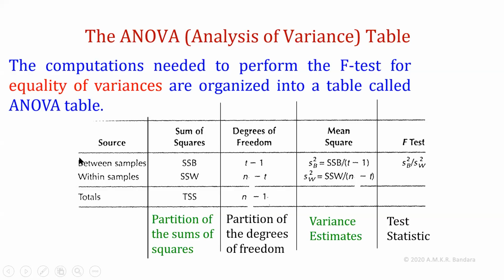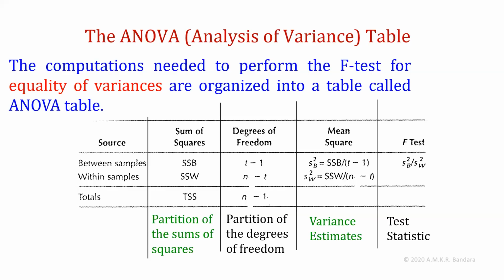So under source we have three rows now, one for total, one for within group variation, one for between group variation. Then sums of squares: we calculated sums of square using those formulas.